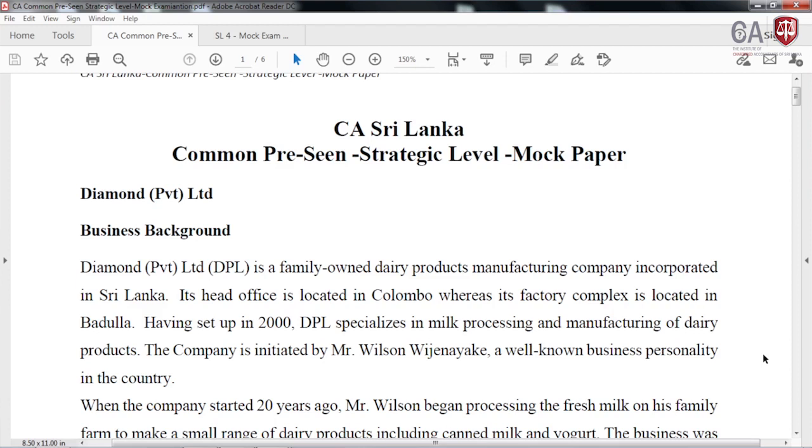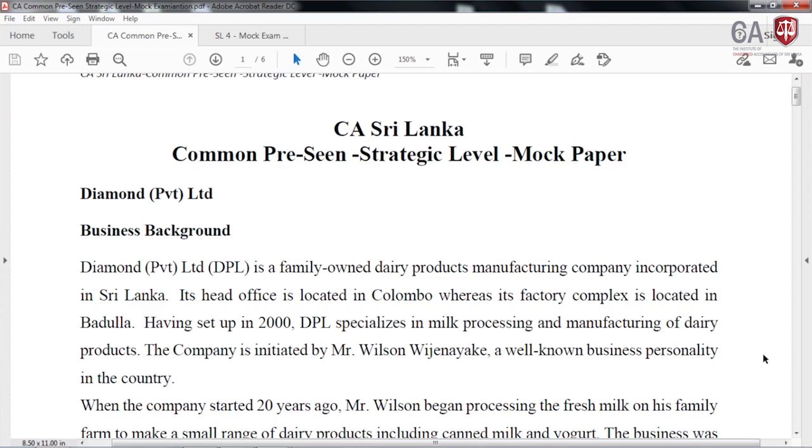So, the examiner is going to give some company information that is relevant to dairy products manufacturing. This company's head office is located in Colombo and the factory is located in Badulla.